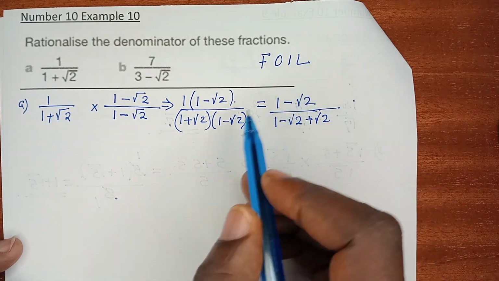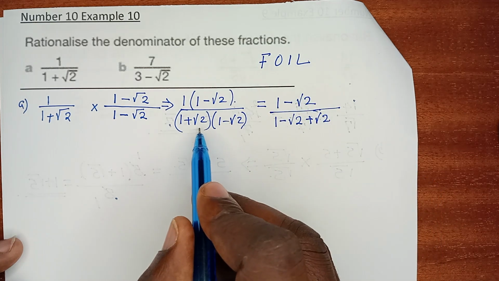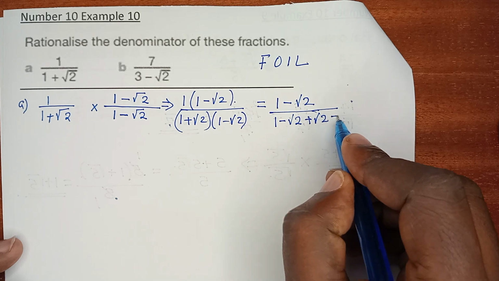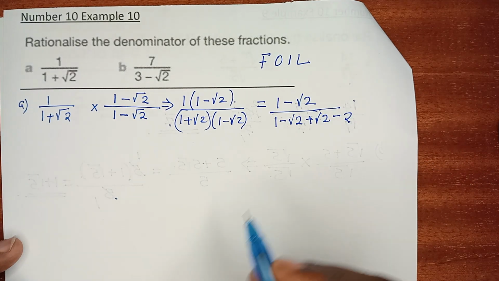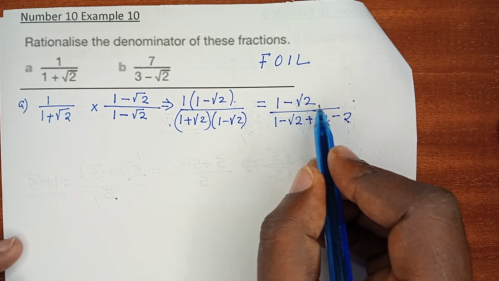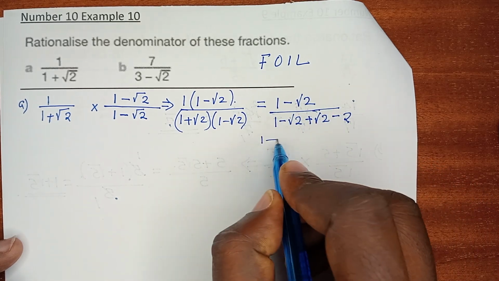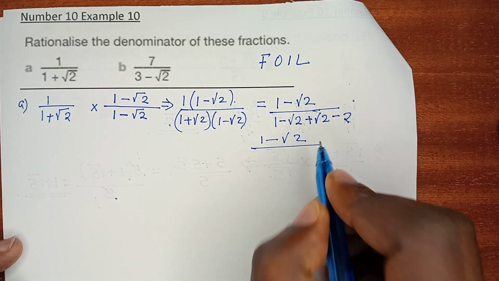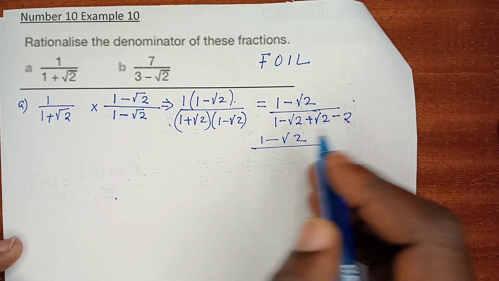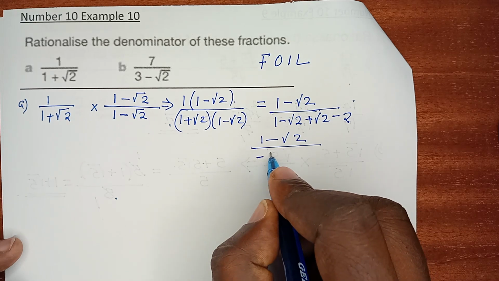But the last two terms, that is root 2 times minus root 2, is simply minus 2. So, as we can see, 1 minus root 2 remains that way in the numerator. The denominator is 1 minus 2, which is negative 1.